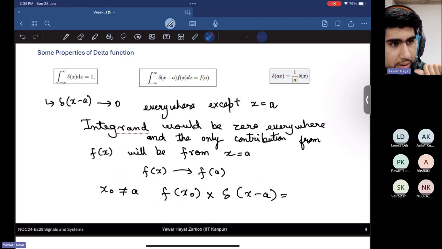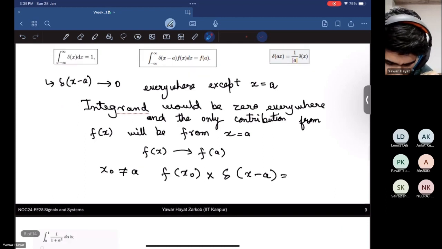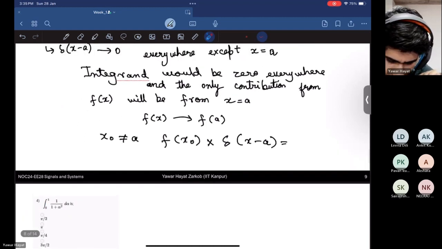Let me check the chat window. Somebody said 0, and that is the correct answer. So this is 0.